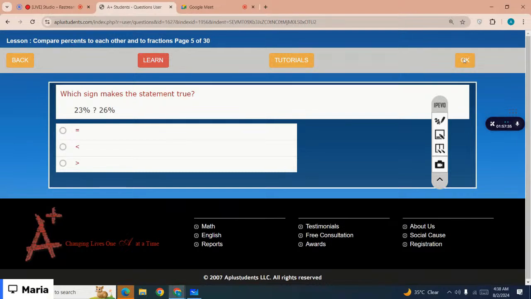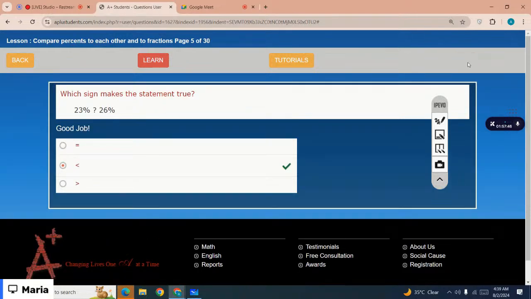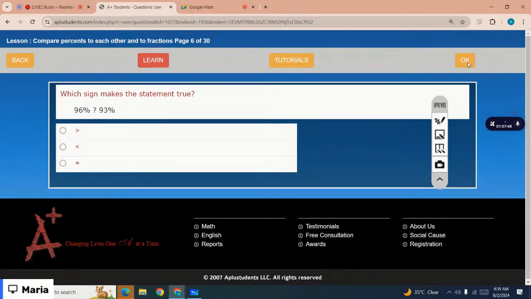Less than it is, right? The correct option is less than. Okay, which sign makes the statement true, 96% and 93%? 96% is greater than 93%. Option number one is the correct option.